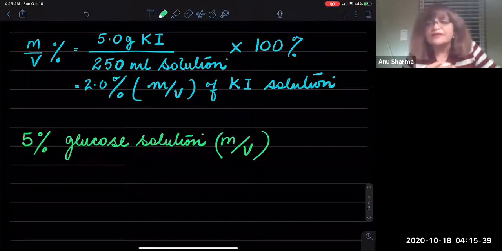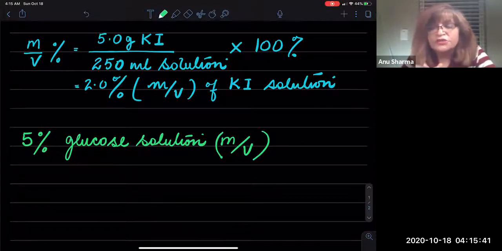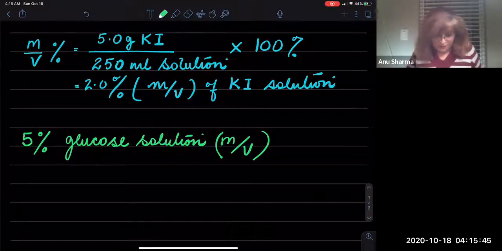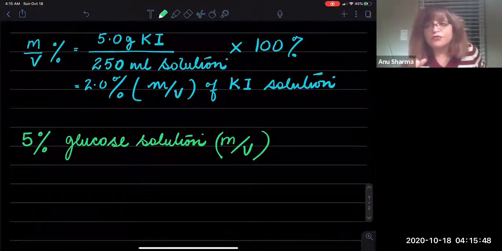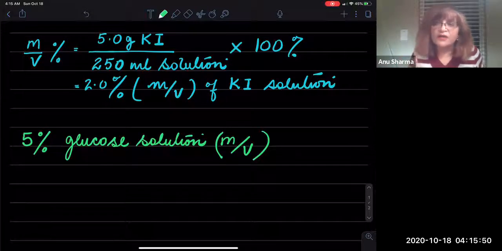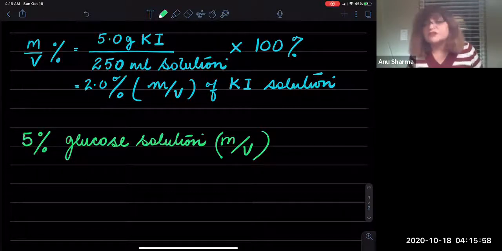Okay, so these types of units are very commonly used in the medical industry, by pharmacists, where you are taking a certain amount of, let's say, glucose, which is solid, and it is dissolved in water to make that glucose solution, and is given intravenously. So doctors, nurses, the hospital staff, they use this unit a lot.